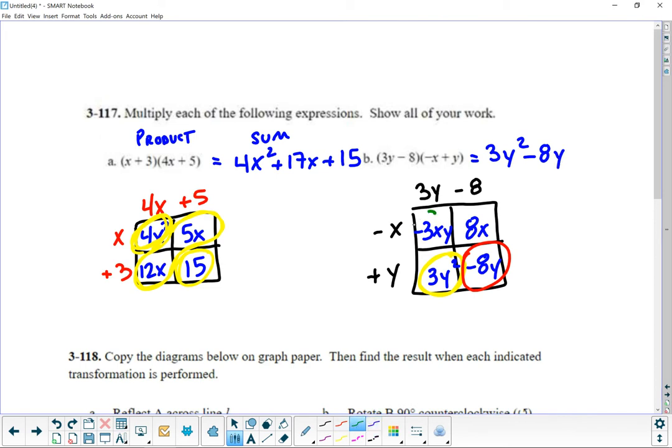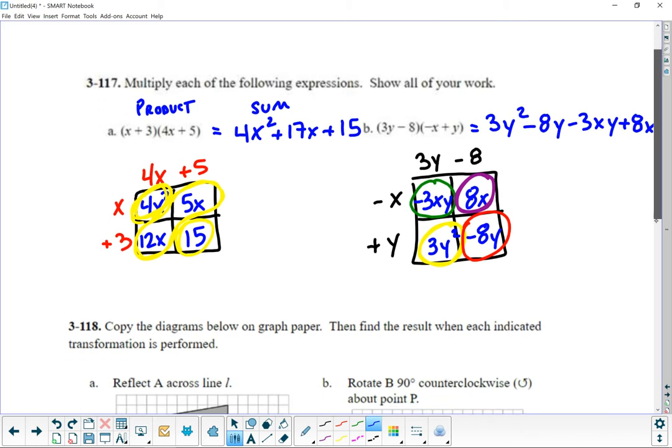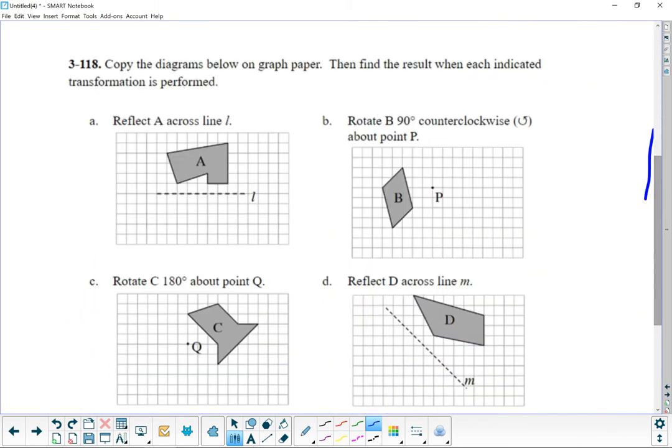And then you also have negative 3xy, and nothing else has an x and a y with it. So you're going to write down negative 3xy. And then finally, you have just a plain x term, 8x. And there's nothing else that has the same term. So you're just going to put that down, plus 8x. That's your answer for part B.